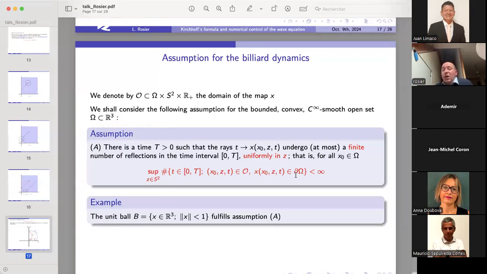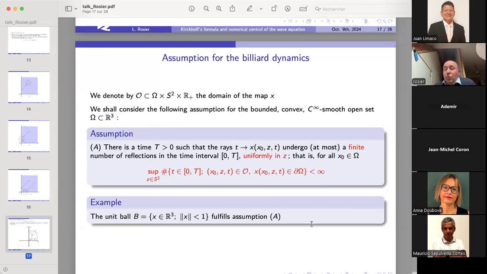That is, for any x0 in the domain, the supremum over all directions z in S2 of the number of reflections is finite. So a finite number of reflections, uniformly with respect to the direction.